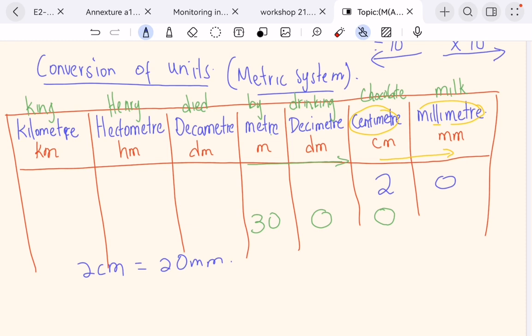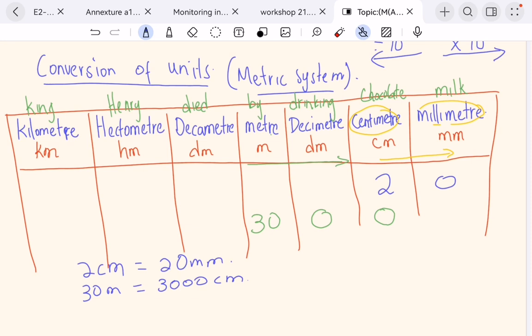We further went on to demonstrate that 30 meters is the same as 3,000 centimeters, and this we were able to show using our metric table.